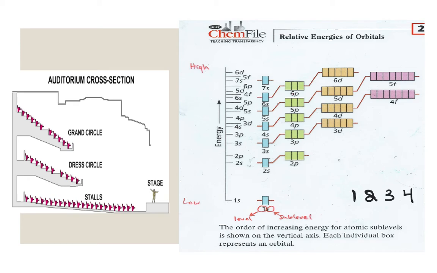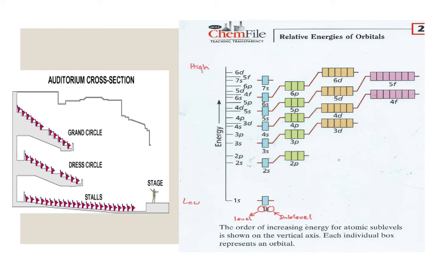But S's have less energy than P's, which have less energy than D's, which have less energy than F's. Why? Because as you fill in electrons in a P or a D or an F, you've got a whole bunch of electrons that are very close to one another and they repel each other. As a result, you end up with more energy in each one of those sublevels than you do in the others.